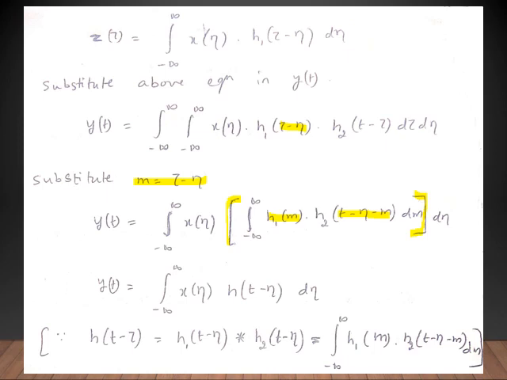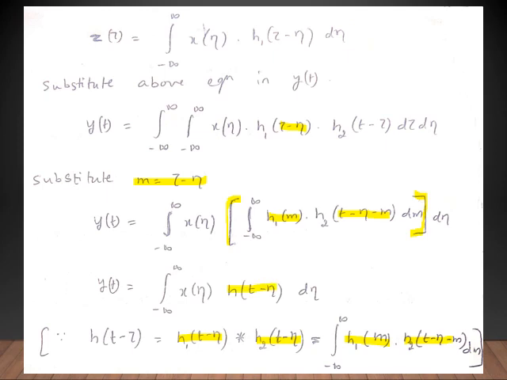Because it looks like the integration from minus infinity to infinity of h1 of m into h2 of t minus eta minus m dm, which is nothing but a convolution between the first term and the second term. So I can say h1 of t minus eta convolved with h2 of t minus eta. Together I will call it one single term, h of t minus eta.